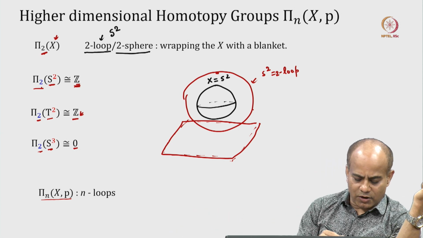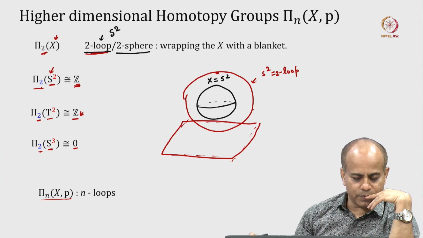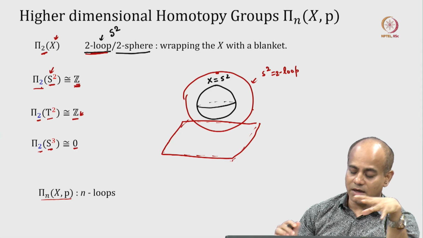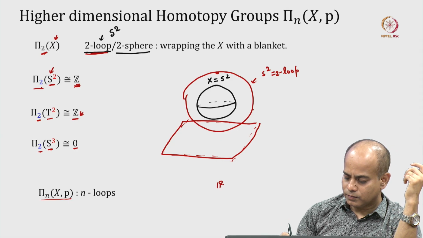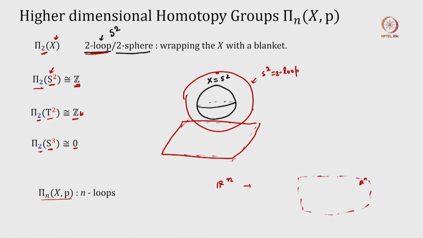And also the loop that we are talking about, it is like you take the n-dimensional R^n, and you take the surface. So this is some sort of an n-dimensional R, and then you take one less dimension, which is the boundary.